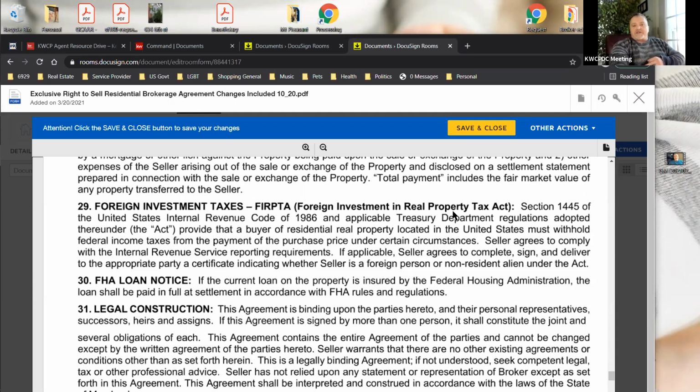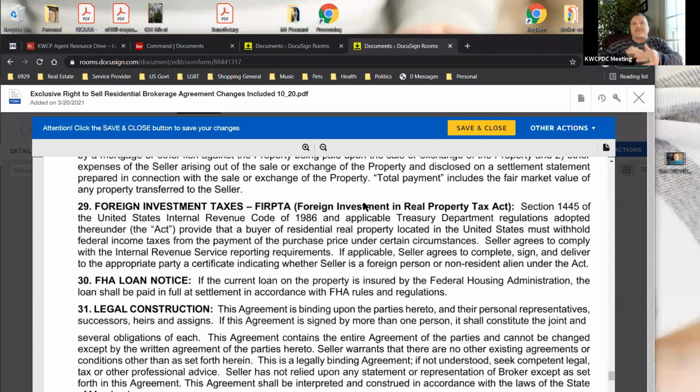So FIRPTA is a rule that is set up by the IRS, and it talks about capturing taxes, because every real estate transaction is reported to the IRS, right?